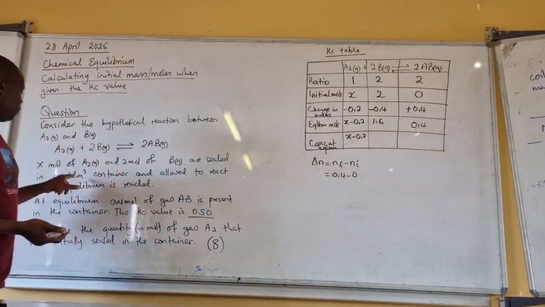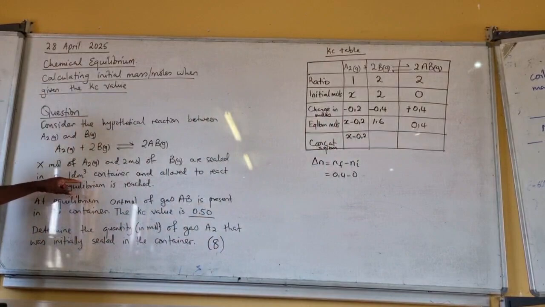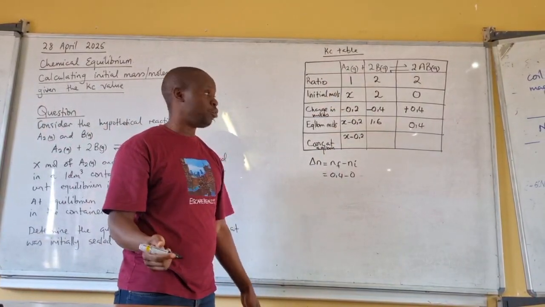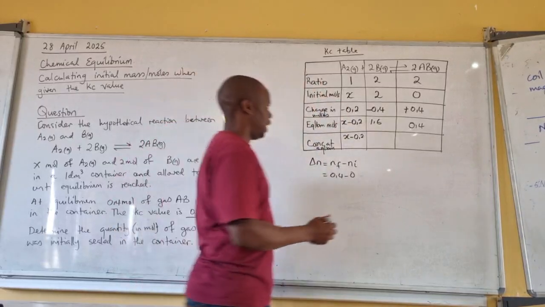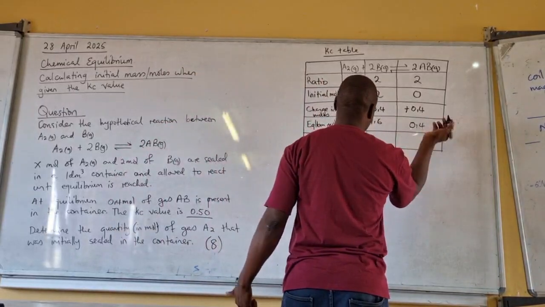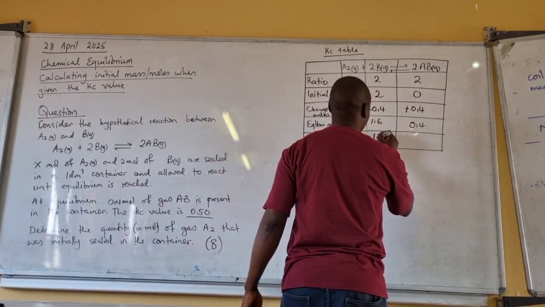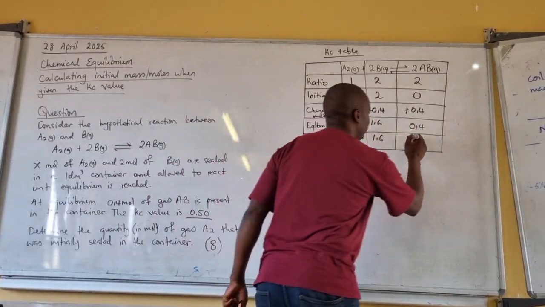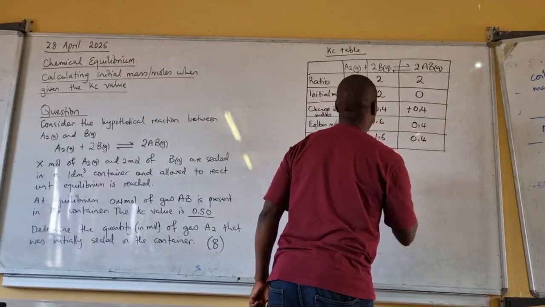The volume is 1, so if we divide by 1, it remains the same. It's not going to change, so we leave it like that. 1.6 divided by 1 also remains 1.6. 0.4 divided by 1 also remains 0.4.